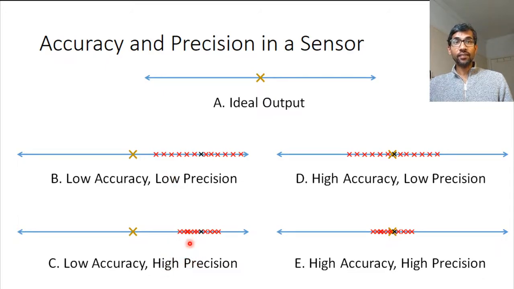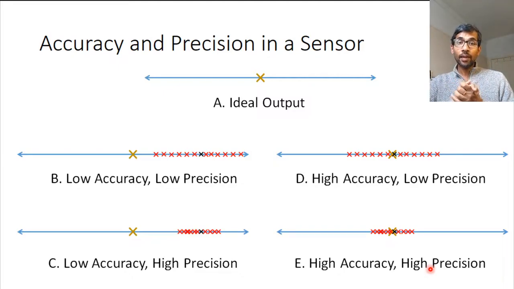In this case, we have improved the precision because the individual measurements are closer together, but the average value is still very far away, and therefore we have low accuracy. In this case, your measurements are spread apart, but the average value is very close to the true value, and therefore we have high accuracy but low precision. And in this case, we have high accuracy and high precision.